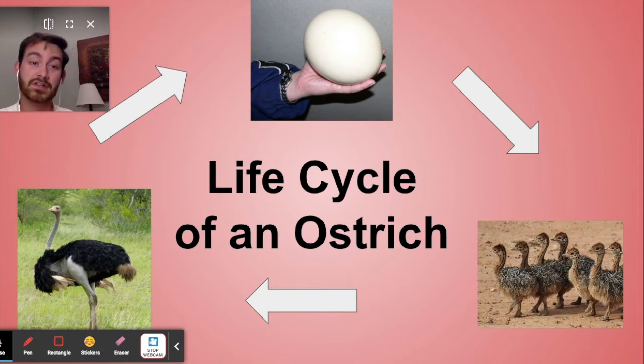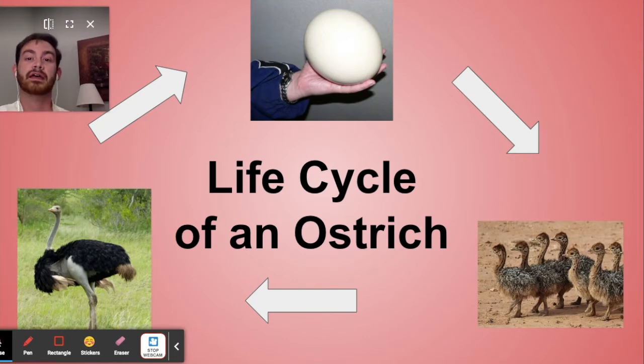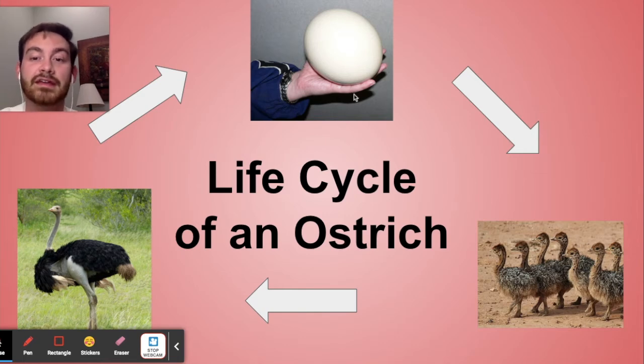Anyway, if you didn't know this, an ostrich actually starts out as an egg, just like a chicken hatches from an egg. And ostrich eggs are very large, as you see in this picture. There is a human hand holding the egg. And after those ostrich eggs hatch, they form baby ostriches, as you see right here.